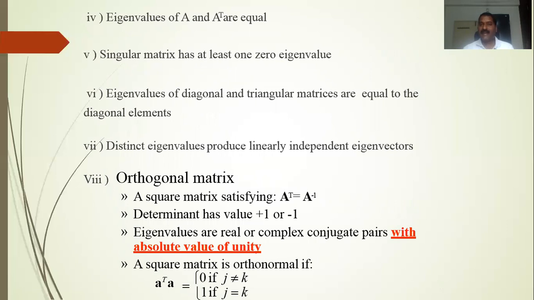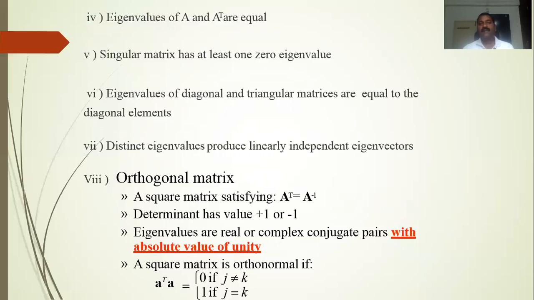Eigenvalues of A and A transpose are the same. If a matrix is a singular matrix, then a singular matrix will have at least one zero eigenvalue. And the eigenvalues of diagonal and triangular matrices are equal to the diagonal elements.